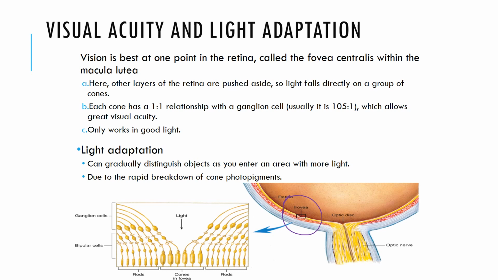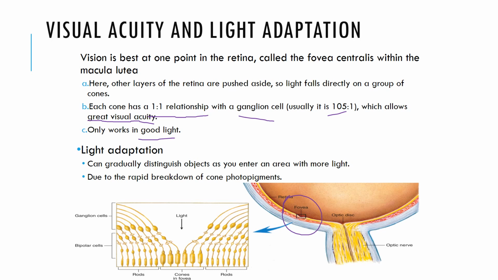This region has the other layers of the retina pushed aside so that light will fall directly on a group of cones. Here is the only place where there is a one-to-one relationship of a ganglion cell to a cone photoreceptor. Typically within the periphery, it's 105 to 1. This gives us great visual acuity and sharpness to what we see, but it only works in good light.